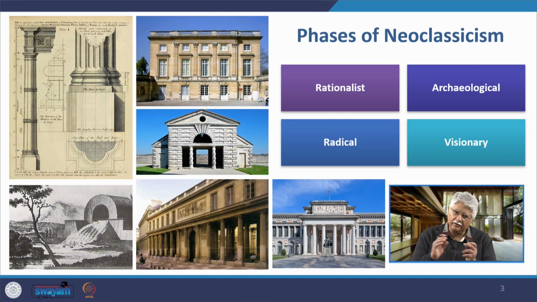And we had studied the 4 phases of it: rationalist, archaeological, radical and visionary, and some amazing works were done, some amazing theories were propounded during this period, so that some people say the foundation of modern architecture was laid in the 18th century.